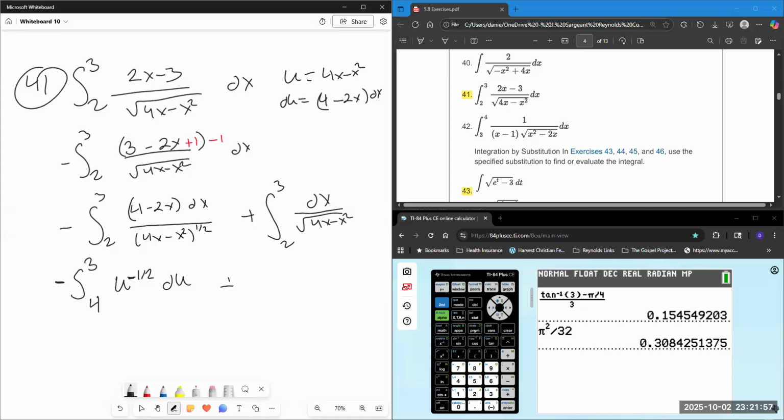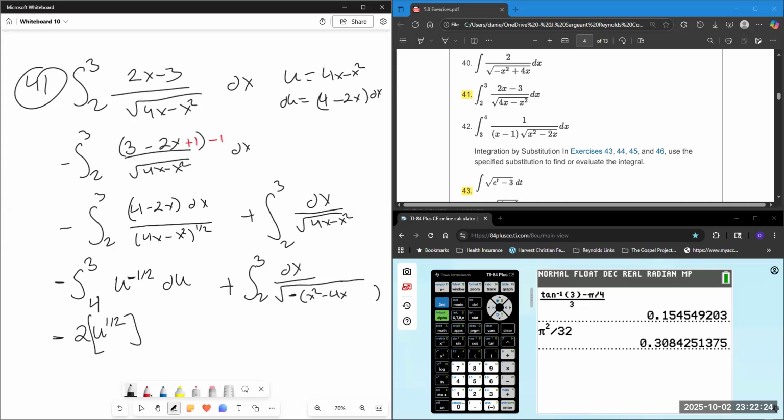I'll leave this one alone for right now and work on it in just a minute. What I will do there is pull out this negative so I can start working on it. This one is going to be negative u to the 1/2 times 2.